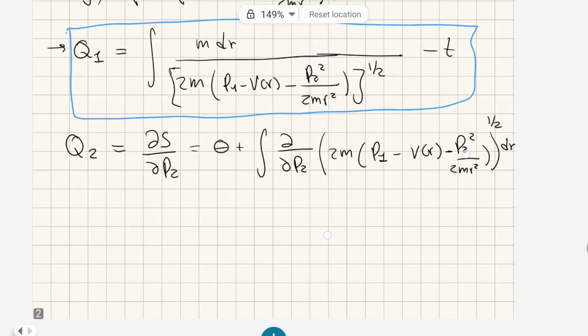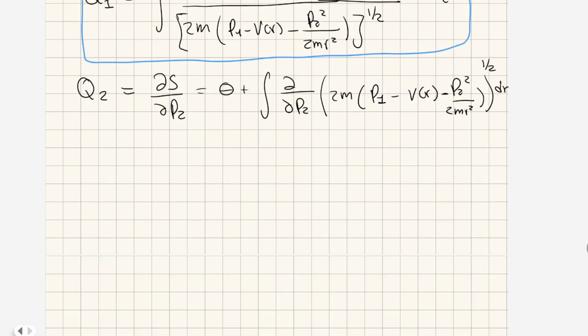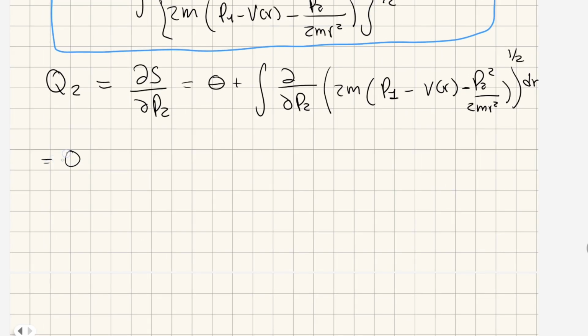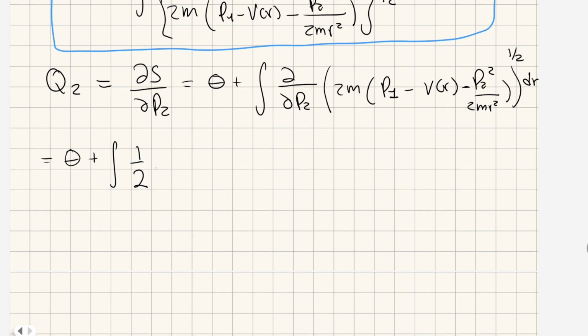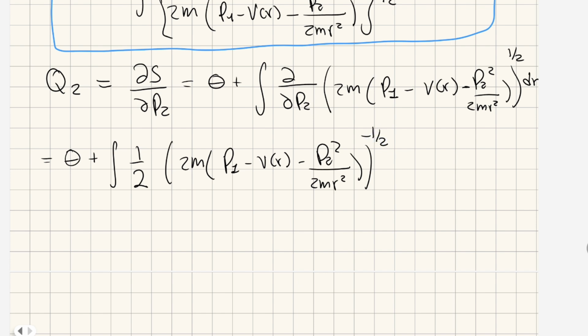Perfect. So what are we going to get? This will be theta plus the integral of 1/2, and then this multiplies all that stuff, 2m P1 minus B of R minus P2 squared divided by 2mr squared. It will be raised to the negative 1/2, and then we are going to take the derivative with respect to P2 of what is inside.